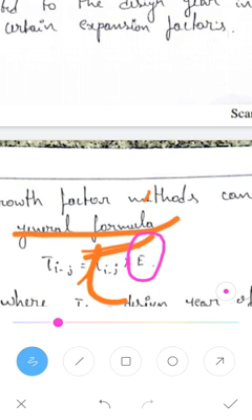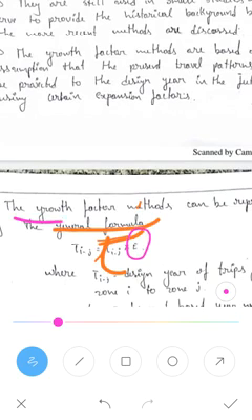The following are the important growth factor methods: the uniform factor method, the average factor method, the fratar method and the Furness method. In this factor E that I'm showing, there are four types of growth factor methods.